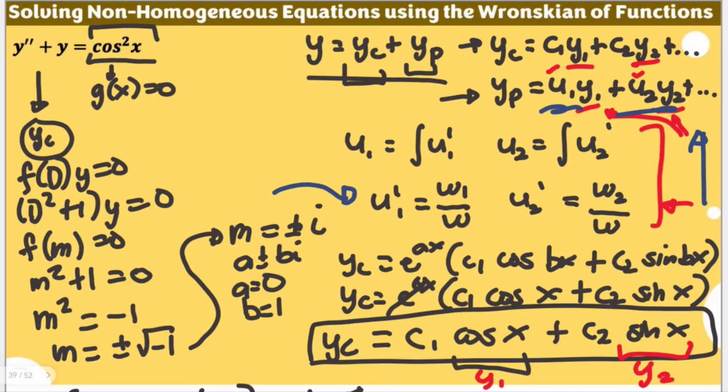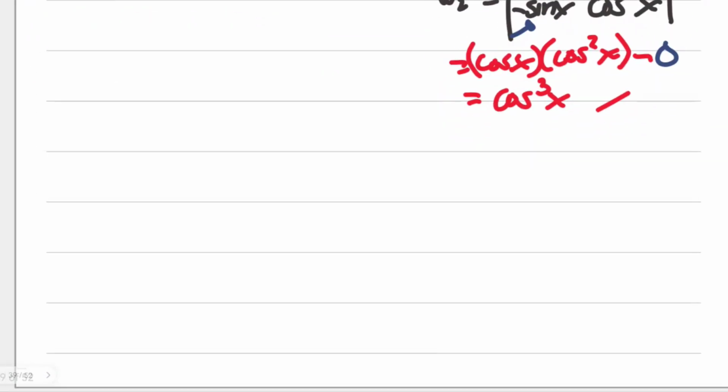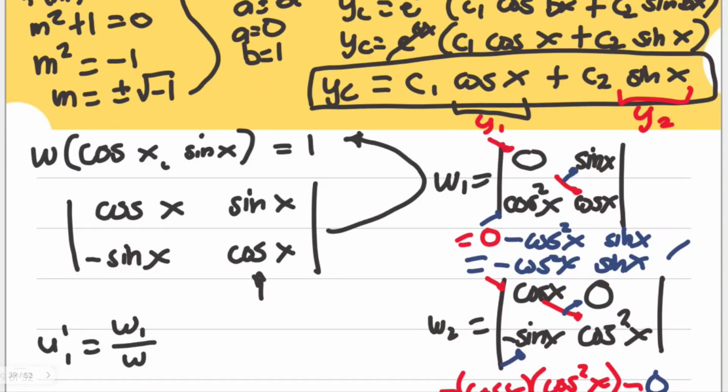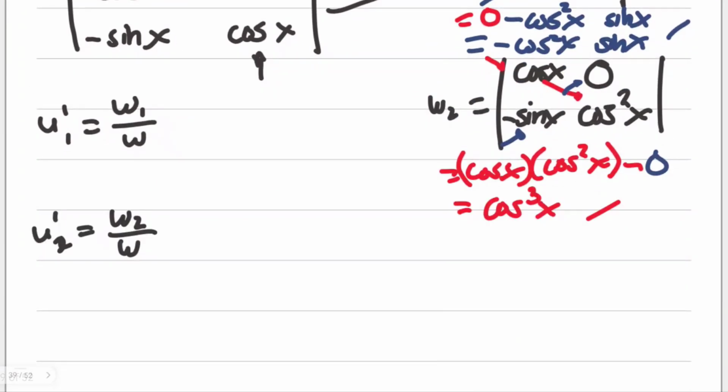So it would be the ratio of both. Let me use the spaces here. U prime sub 1 is actually the ratio of W sub 1 and the Wronskian, and U prime sub 2 is W sub 2 over the Wronskian W. Take note that our Wronskian is just 1, so whatever will be the value of W sub 1, W sub 2, it would be the result.